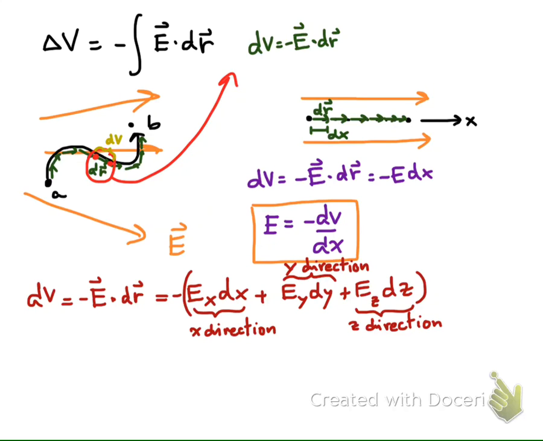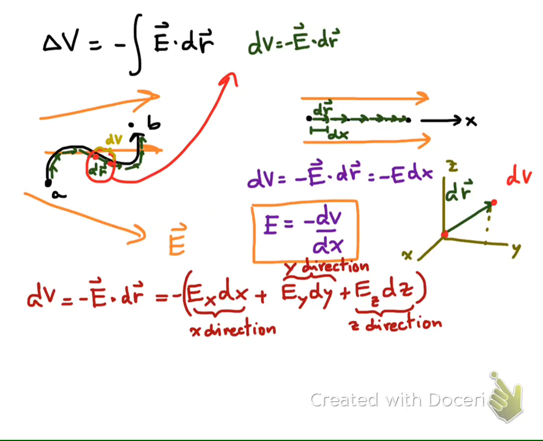Okay. It means that if we have the vector dr like this, and we want to calculate the change of electric potential between these 2 points, which is dV, we can resolve dr into 3 components, x, y, and z.